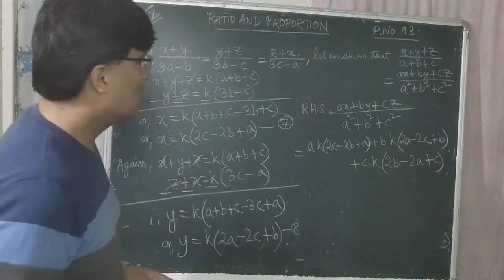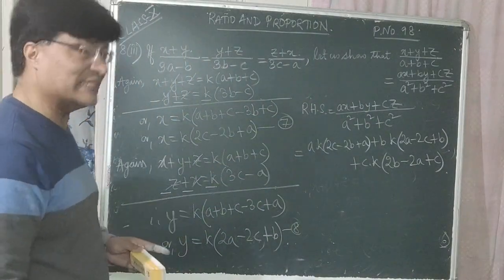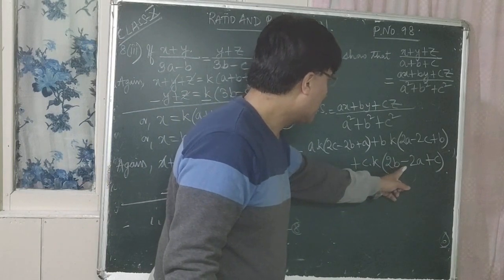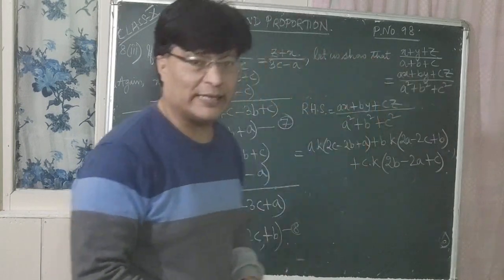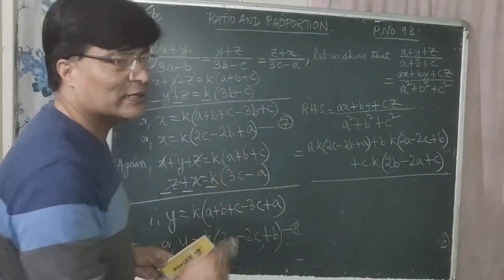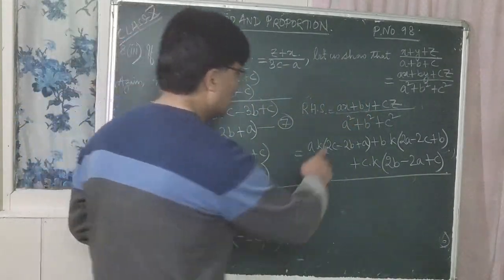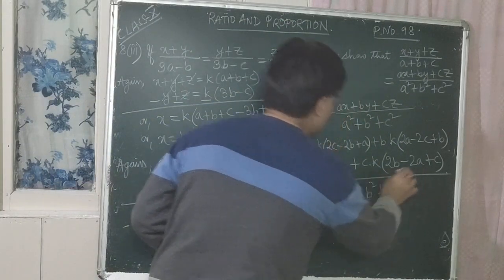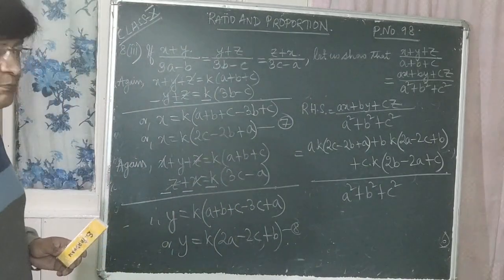That is the value for z is k into (2b - 2a + c). So whole divided by what is there in the denominator? You should write a² + b² + c². That is, denominator remains same.